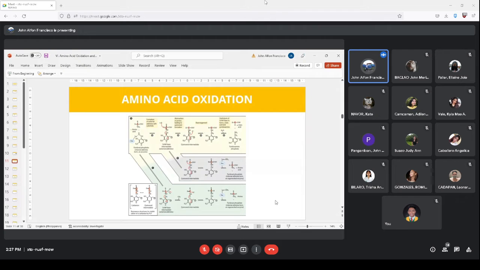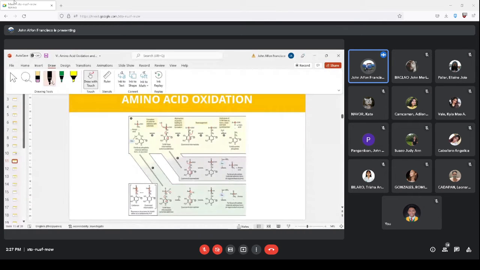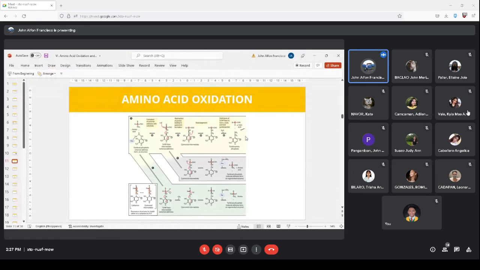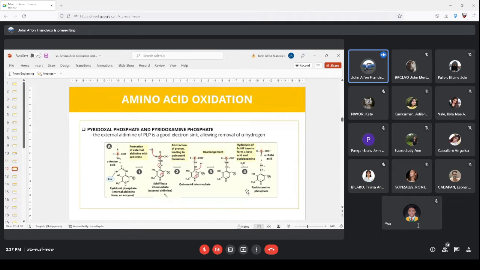So it can either go to formation of keto acids or the formation of another amino acid. Okay, so in detail, the external aldimine of PLP is a good electron sink, allowing removal of the alpha hydrogen.